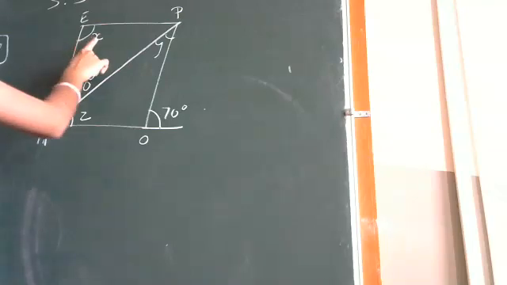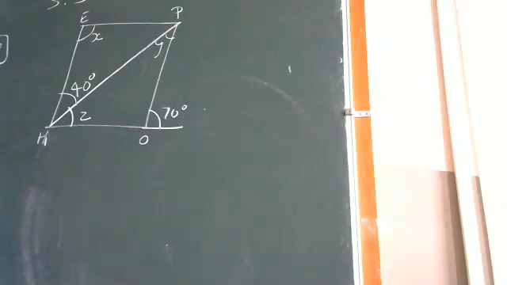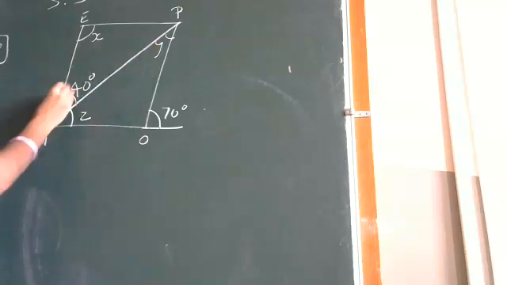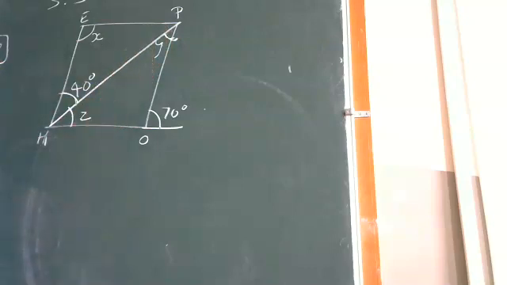So now what we need to find out over here is X, Y and Z. Okay. So how will we find out, using the properties, and which properties do we need to use? We have to see. Now see, this angle and this angle, are they vertically opposite angles or adjacent angles?